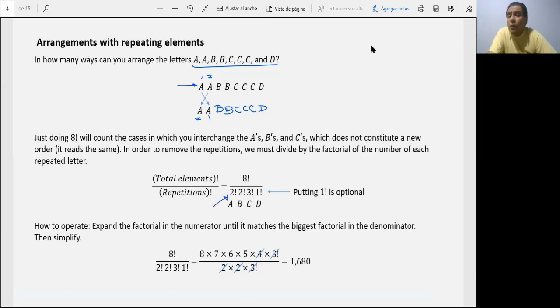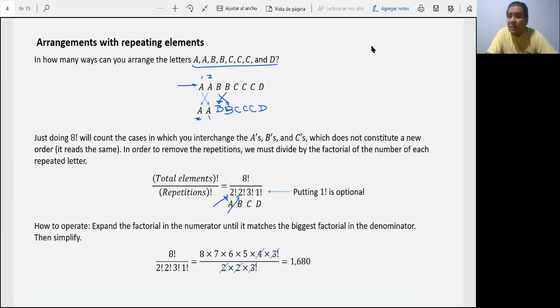But after doing that, we also realize that the two B's can swap their position in any given arrangement. So there's also a duplication of all the arrangements because of the possibility that the B's can exchange positions for one another. So we also divide by 2 factorial again in order to remove the repetitions due to the repeated B's. With the C's, we could reason likewise.